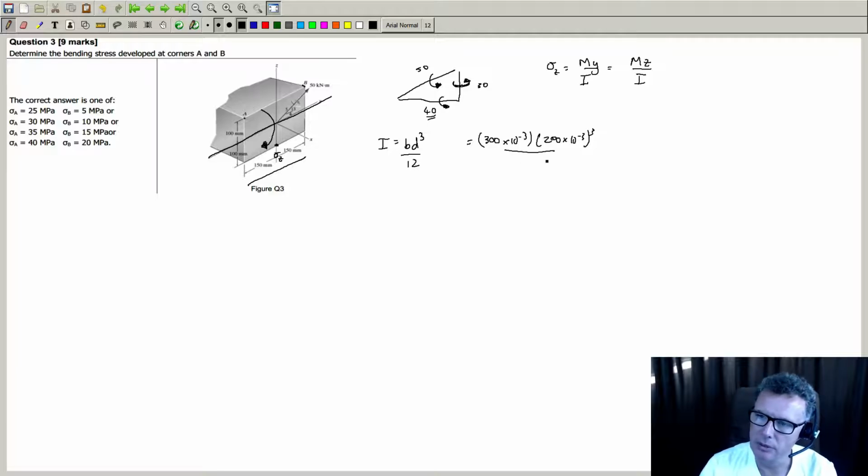Power 3 divided by 12, and the notation for that would be YY, I think, or would it be XX? Not too sure actually now. Doesn't matter.